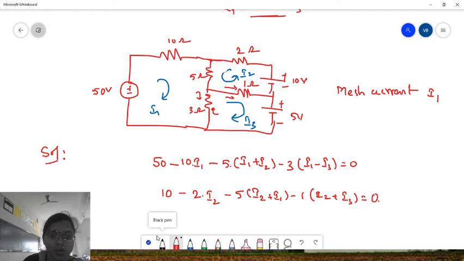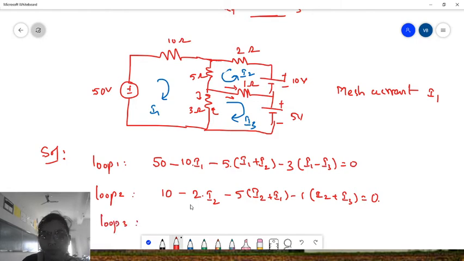Okay, so what is the third equation here? This is the third loop equation. So this is loop 1, this is loop 2, and now I'll take the loop 3 equation. In loop 3, the current is entering at the positive terminal of the source, so that value we are going to take as negative, minus 5 minus 3 into, here I3 is in the upward direction, I1 is in the downward direction.